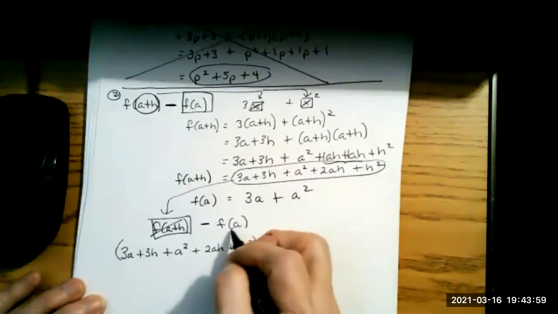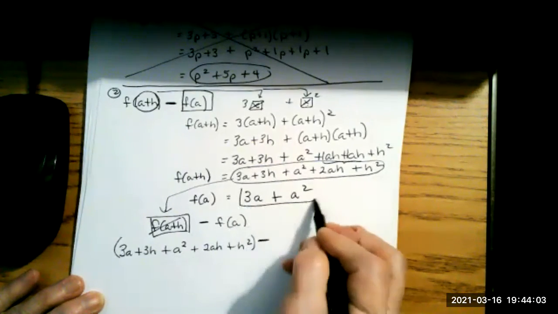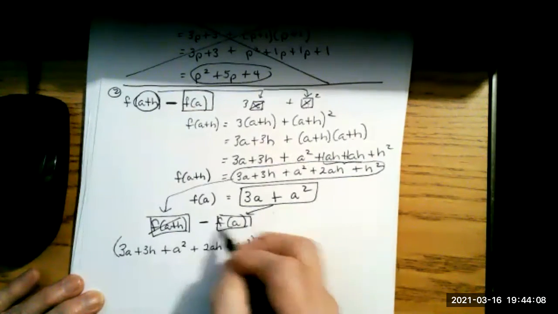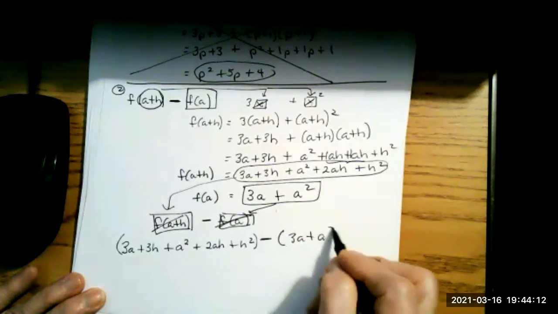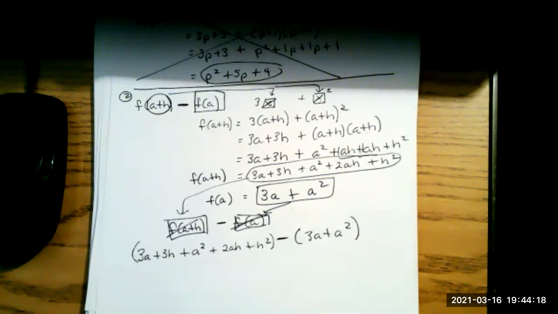And now this f of a that I got here is going to go in that spot. So I'm going to take that out, and I'm going to make 3a plus a squared go in that spot. I substituted. Okay. Yeah, I get it now.